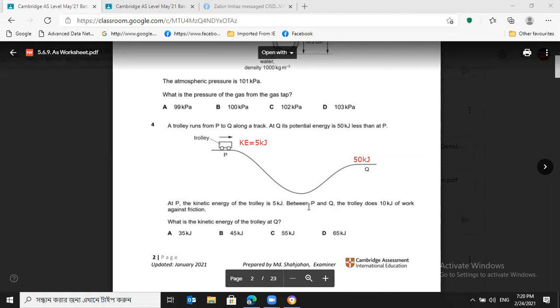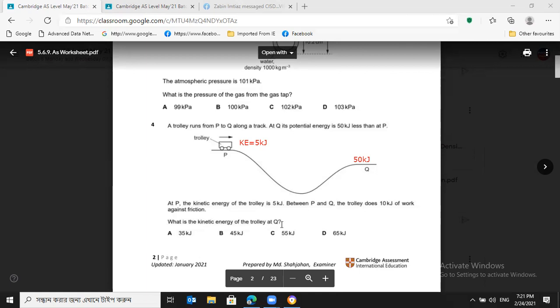Now between P and Q, the trolley does 10 kilojoules of work against friction. So this way it is going, at that time it is losing 10 kilojoules, right? What is their question? What is the kinetic energy of the trolley at Q?